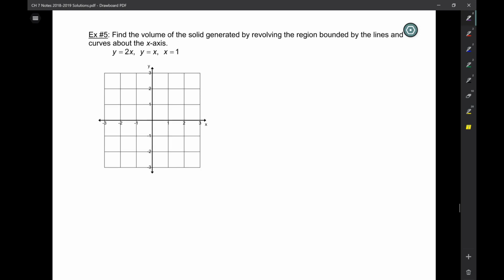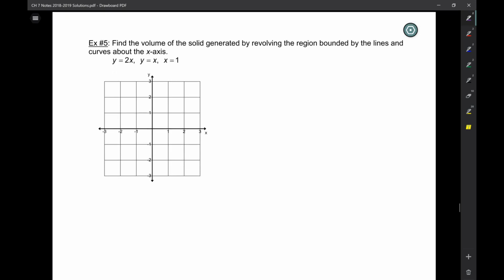Find the volume of the solid generated by revolving the region bounded by the lines and curves about the x-axis. So on the one hand, I have y equals 2x. So that looks like this. Here. So that's y equals 2x.